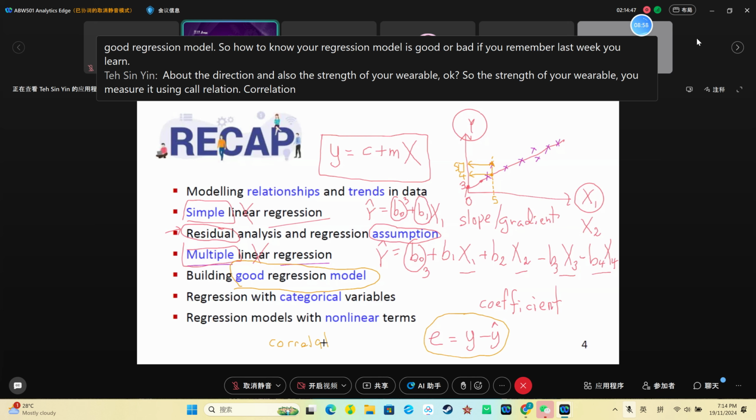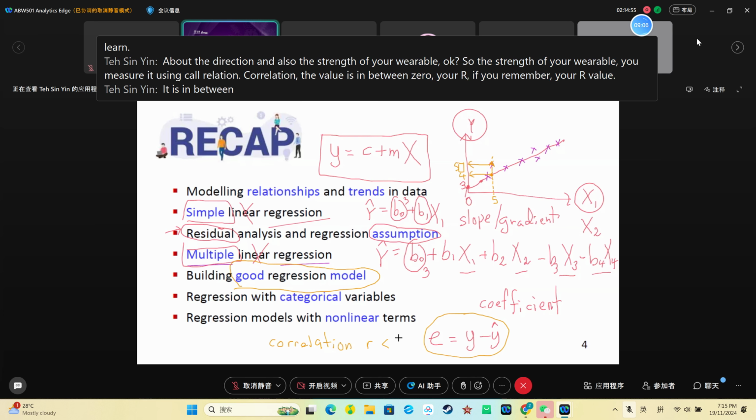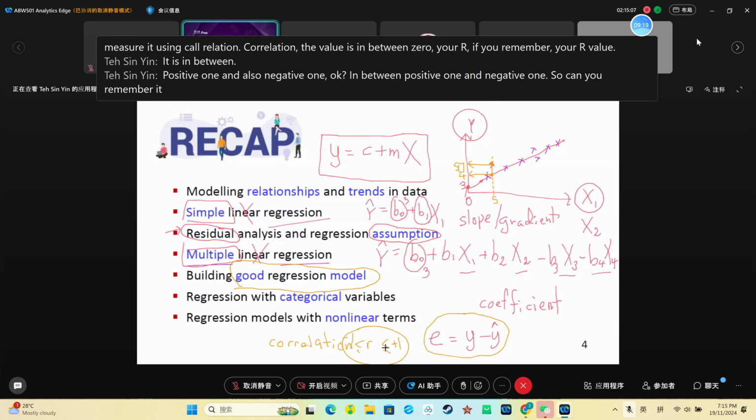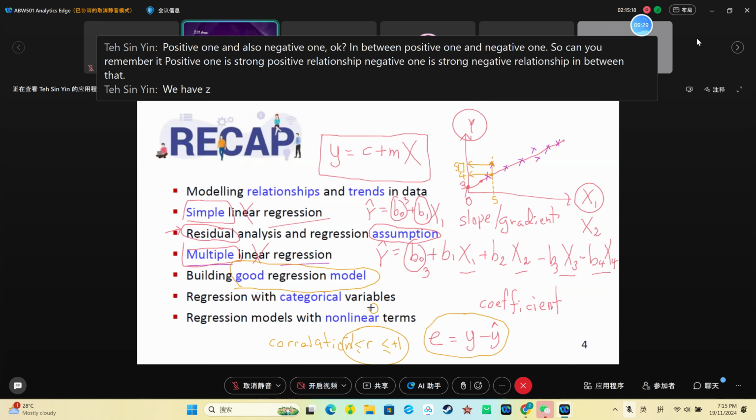Your R value is in between +1 and -1. Can you remember it? +1 is a strong positive relationship. -1 is a strong negative relationship. In between there, we have 0. 0 means no relationship.